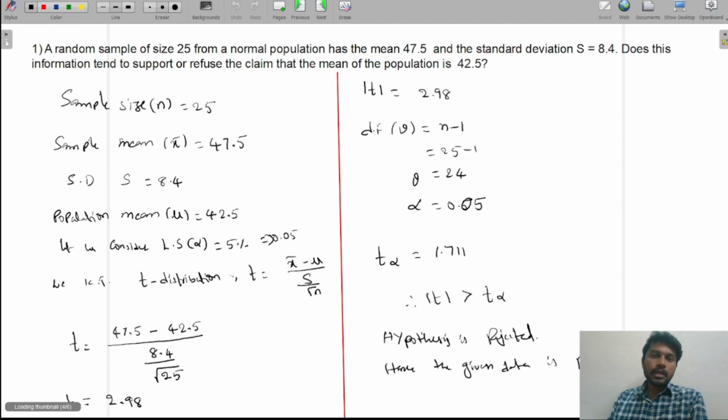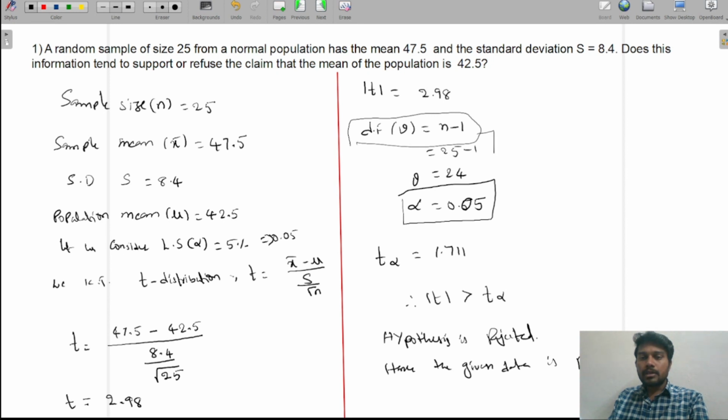Similarly, in the last question I found the value of modulus of t by substituting the data in the formula of the t distribution, and got 2.96. After getting modulus of t, we found the degrees of freedom, then took the value of alpha, and the combination of these two gives the critical value, t alpha.